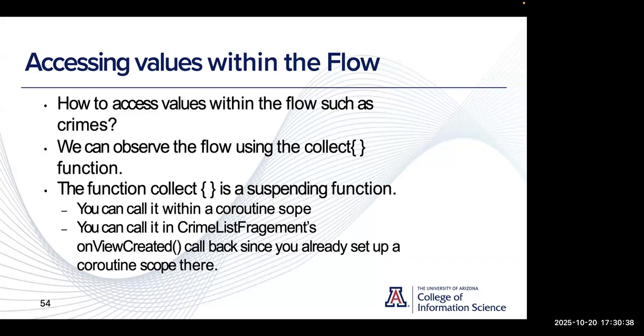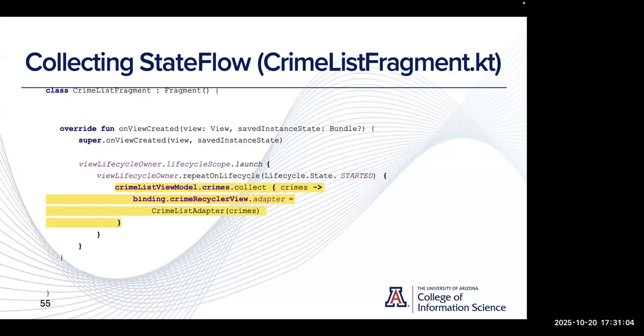So how do we access values within this flow, such as the crimes? Well, we can observe the flow using the collect function, and the collect function is a suspending function. You can call it within a coroutine scope. You can also call it within the crime list fragment's onViewCreated callback, since you already set up the coroutine scope there.